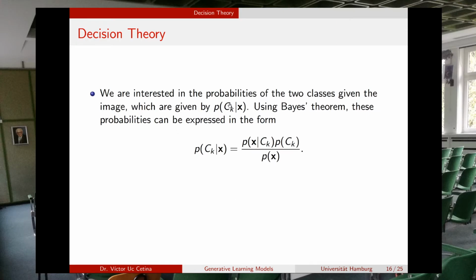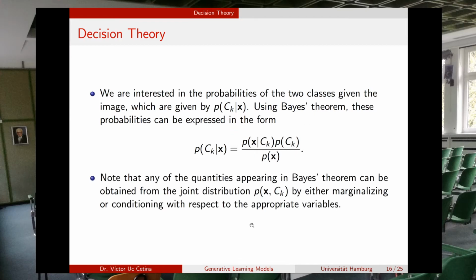So we are interested in the probabilities of the two classes given the image, which are given by this conditional probability. The probability that the classification is Ck given the image of the patient, and we'll do that using the Bayes rule, which is the same that we saw before.